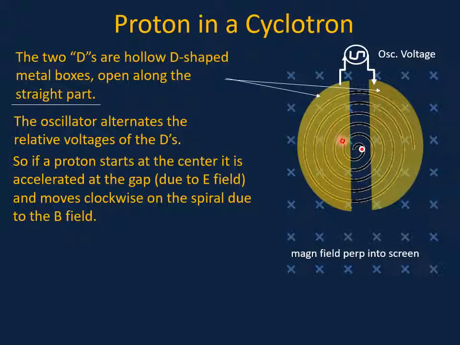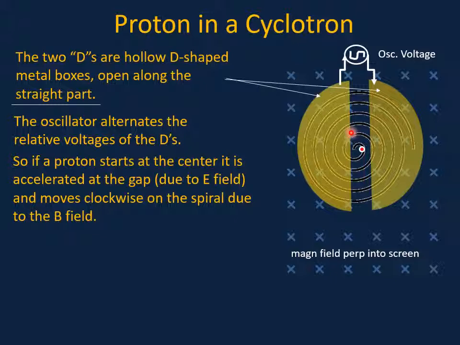So if a proton starts off at the center, let's say it's moving in this direction, it's bent because of the magnetic field, and the time it takes to complete one circle is always the same. So it gets accelerated, and because it gets accelerated, it's going to take a larger radius because the magnetic field is constant.